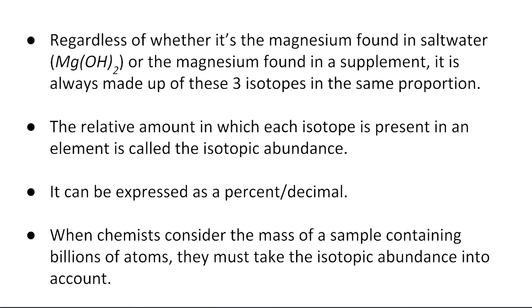These isotopes present in elements are called isotopic abundance. So these percentages are also known as isotopic abundances, and when we do the calculations, they will be put as decimals. When chemists consider the mass of a sample containing billions of atoms, they must take the isotopic abundance into account.